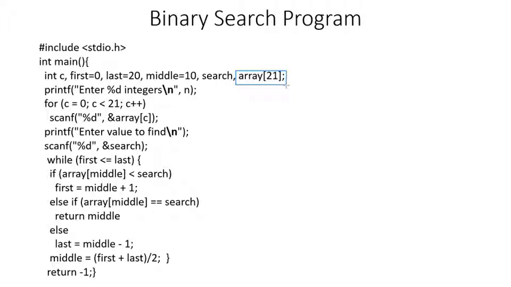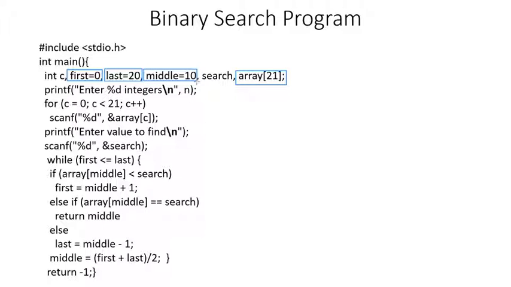So the total number of elements in the array is 21. What is going to be the position of the first element? The position of the first element is going to be 0. The position of the last element will be 20. And what will be the position of the middle element? The position of the middle element will be 10.